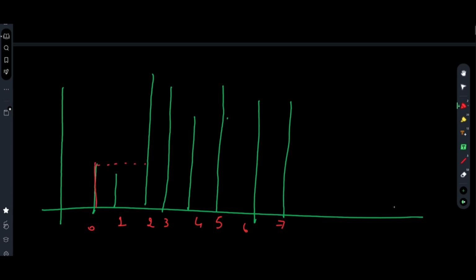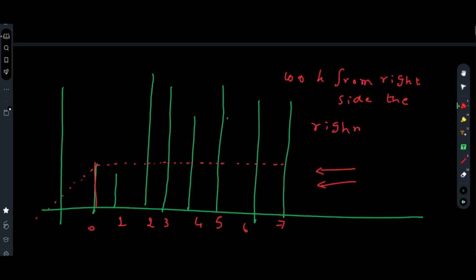It can store water till the second vertical, third vertical, fourth, fifth, sixth, seventh vertical. On this side, it cannot store any more water. So for 0, you have to look from the right side, the rightmost greater element or greater vertical.